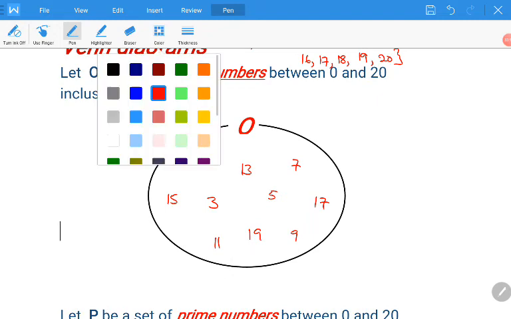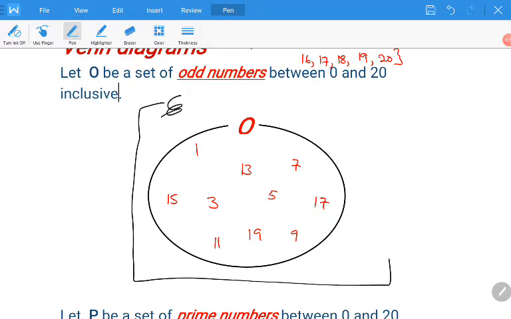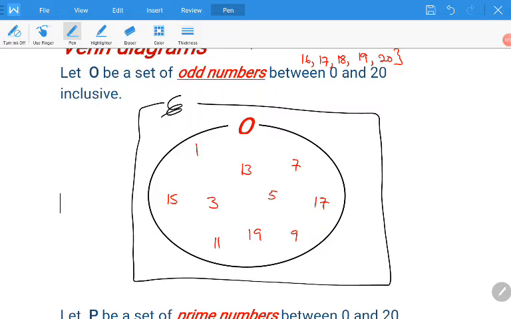Then we are going to do the universal set. So this is the sign for the universal set. So everything else which doesn't fall in set O, which is not an odd number, falls outside but inside the universal set.